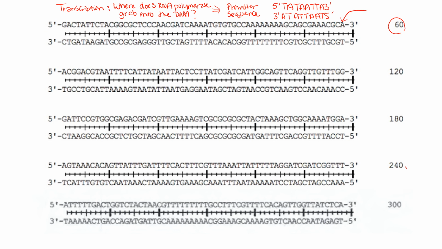So this A and this T represent position 60 in the 5' strand and in the 3' strand. This G and this C in the second row represent position 120 in the 5' strand and in the 3' strand.